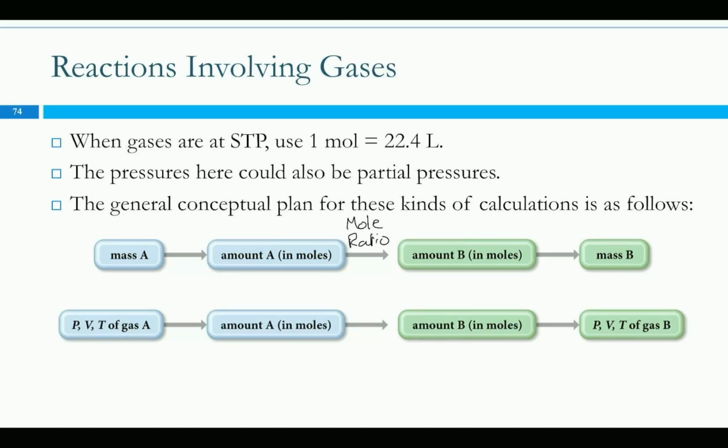Again, mole ratio. Then we can find the moles of a different species in a reaction and convert that to pressure, volume, or temperature of gas B. It's usually volume that you end up trying to find. Pressure and temperature are usually given because it's going to be set for the whole reaction, basically.